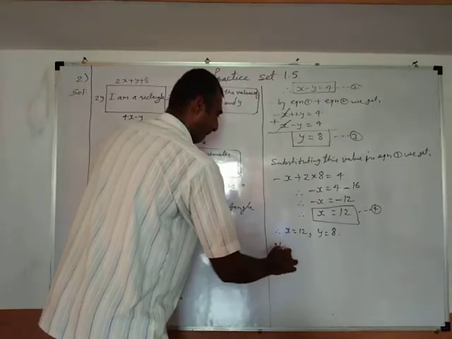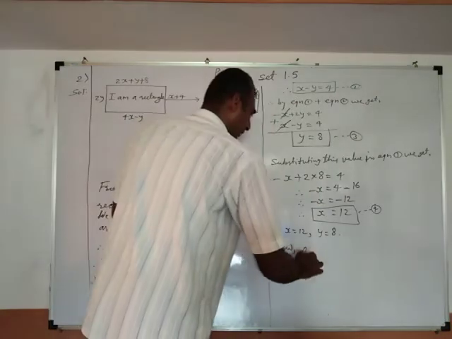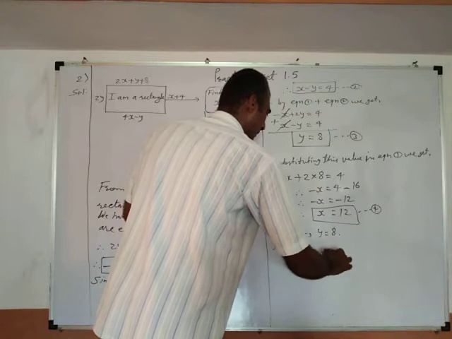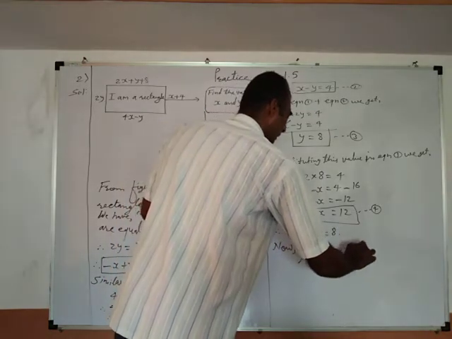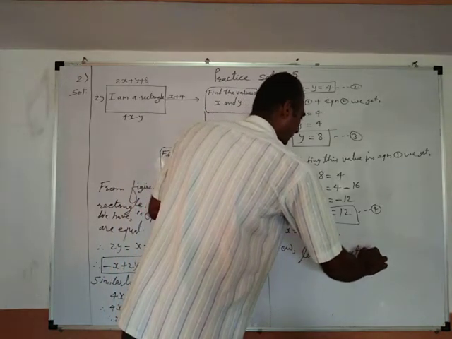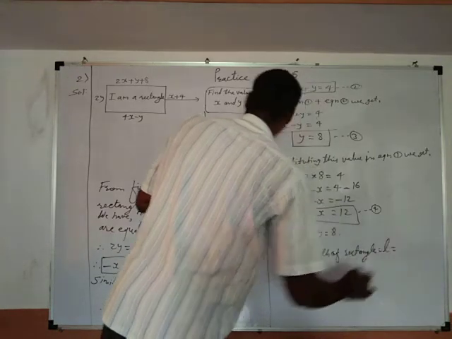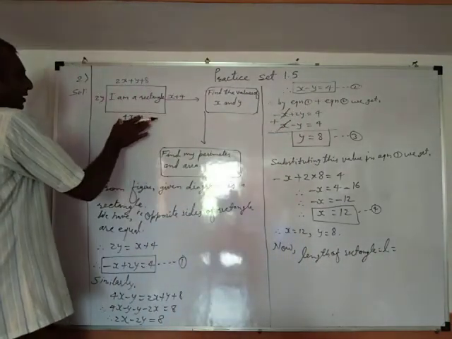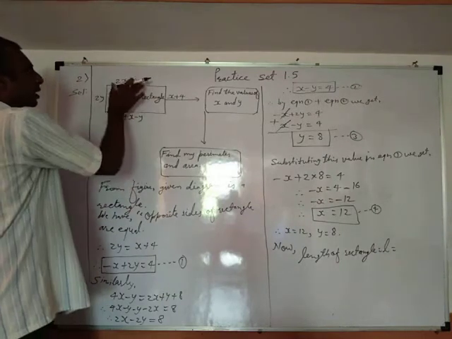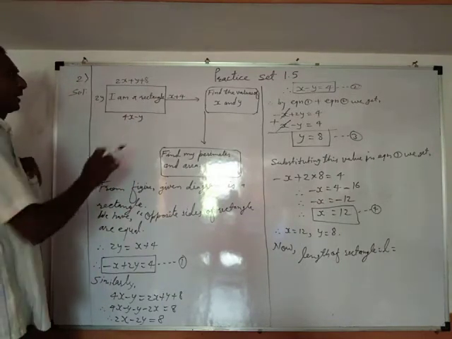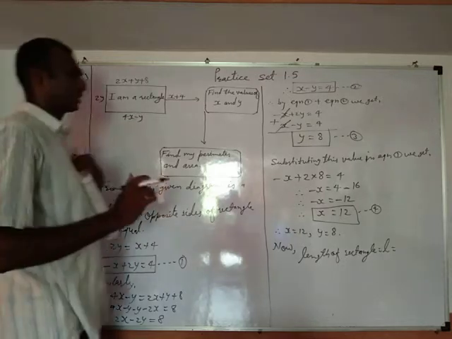Now the length of the rectangle, let it be L. The length of the rectangle you may see here in the diagram is 4x minus y or 2x plus y plus 8. Let's consider it as 4x minus y.